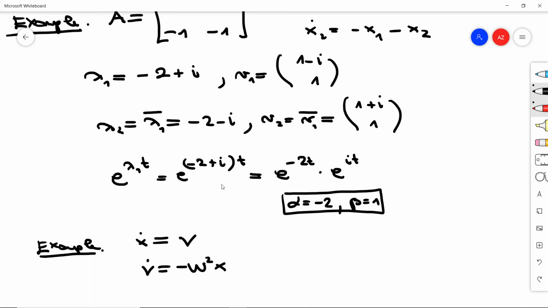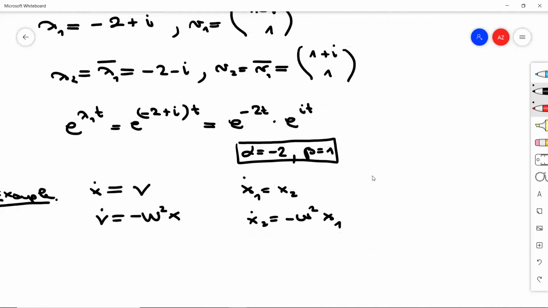This is because of the implication for motion. x is the position and v is the velocity, and v prime is then the acceleration. But in our notation, it would be x1 prime is x2, and then x2 prime is equal to minus w squared x1.